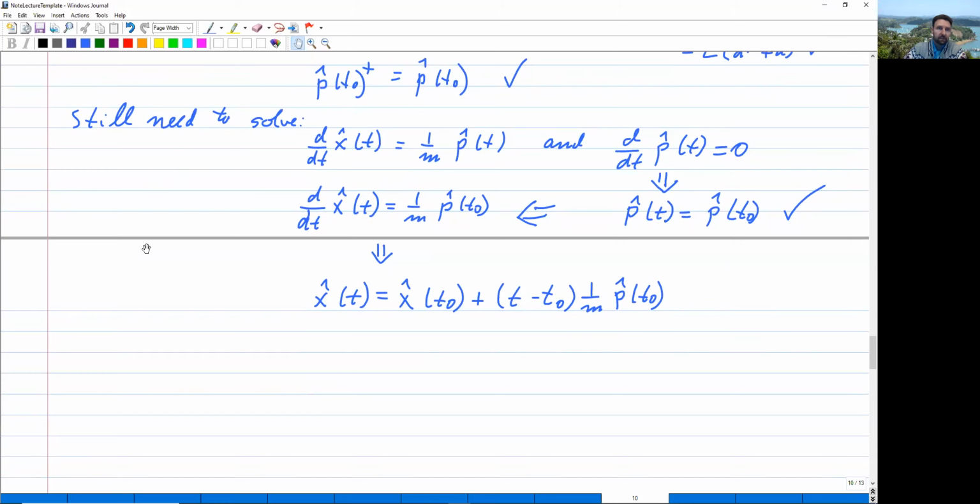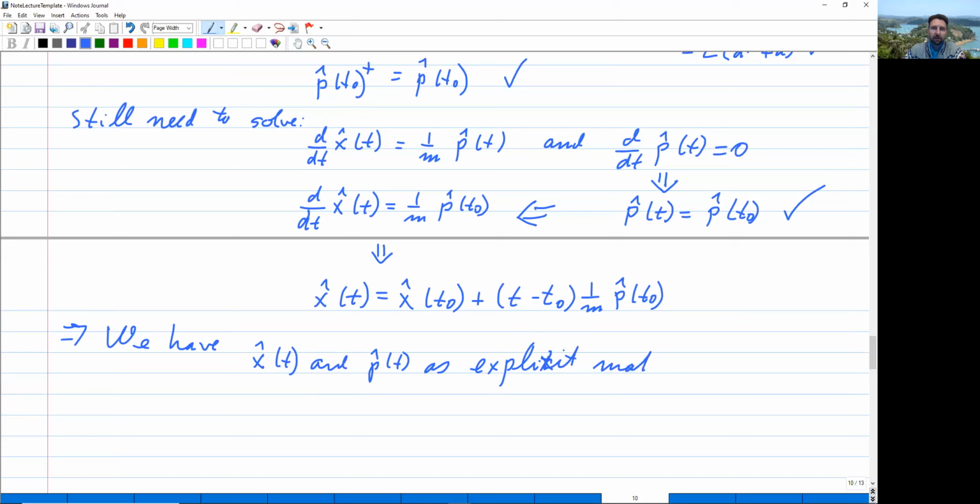So this means we now have solved our first quantum mechanical problem. So we have x hat of t and p hat of t as explicit matrix valued functions.